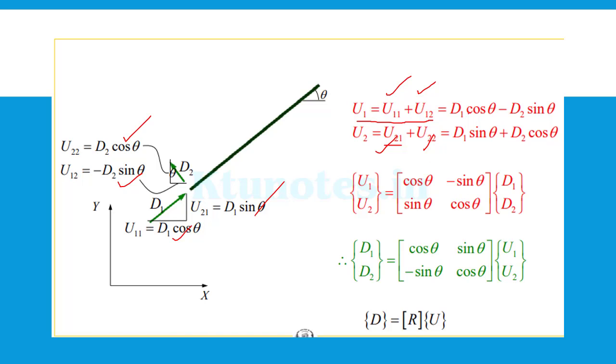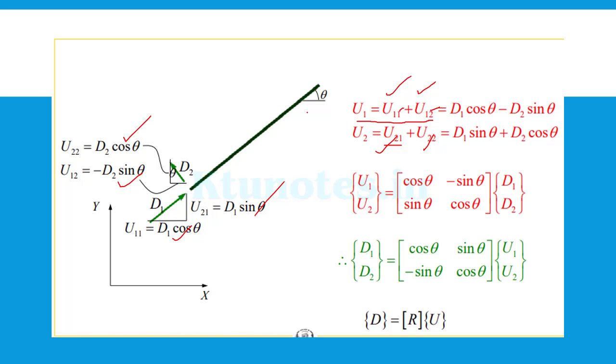And hence u1 is equal to u11 plus u12, the displacement at the first point, and u2 is equal to u21 plus u22.